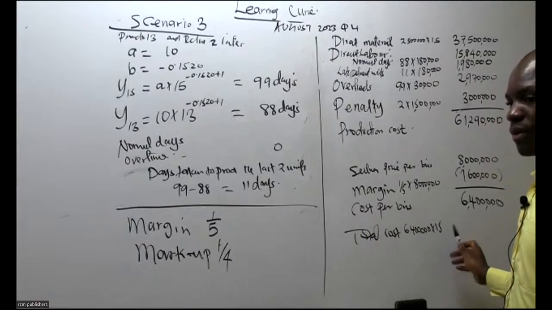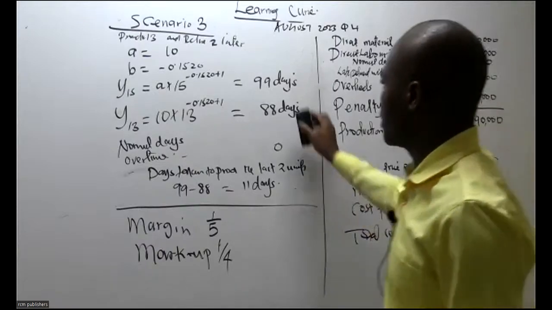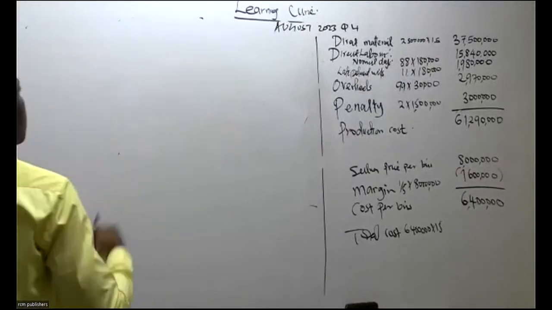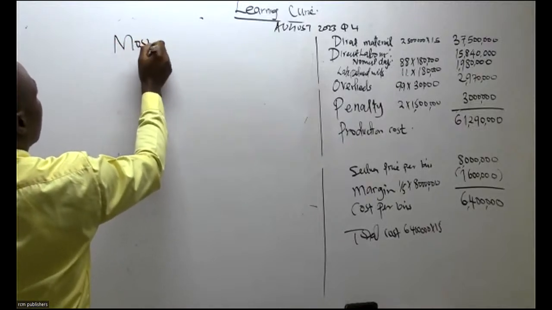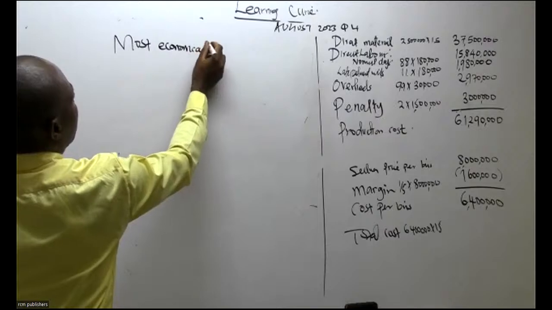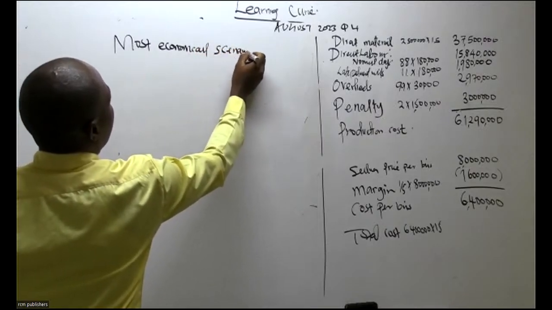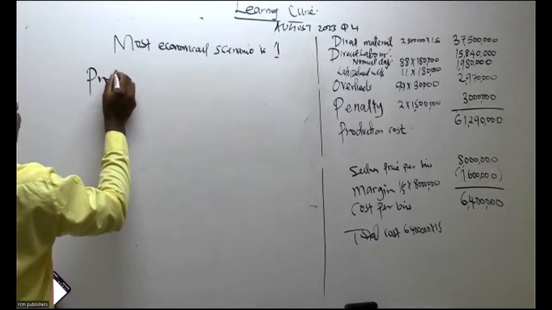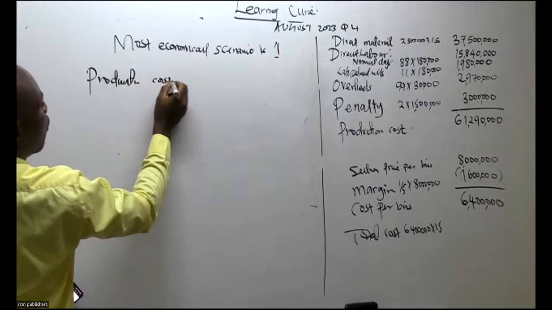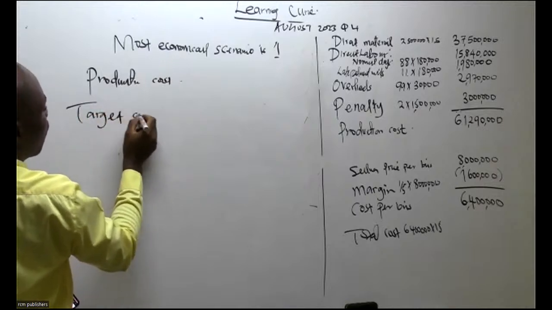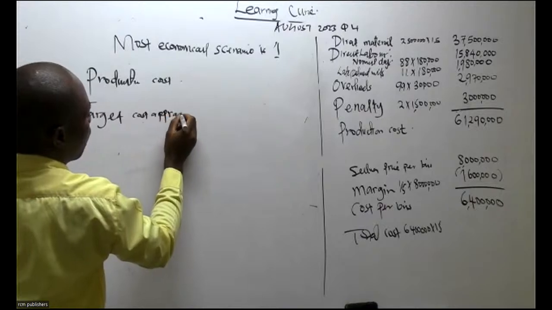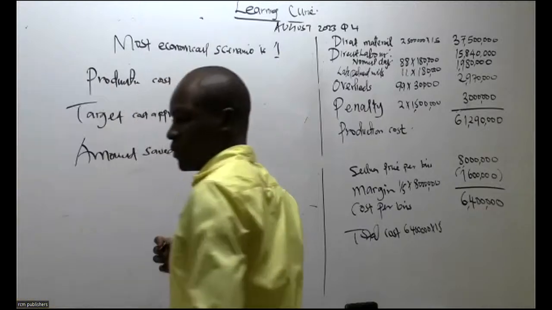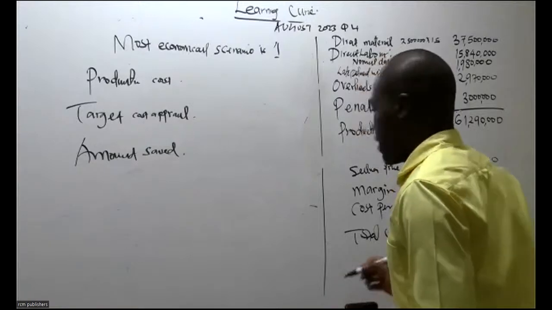By 15 itakuwa ngapi? 6,400,000 by 15, 96 million.